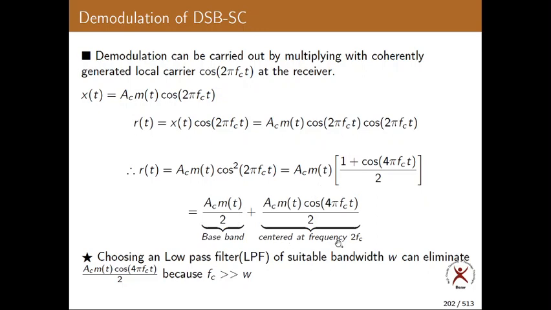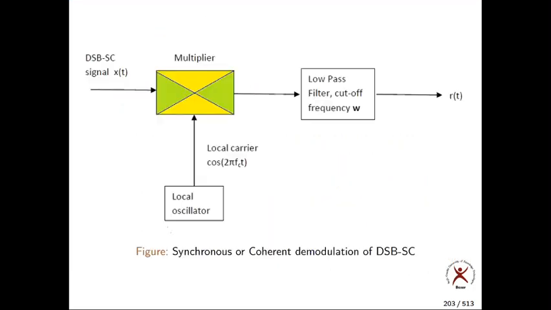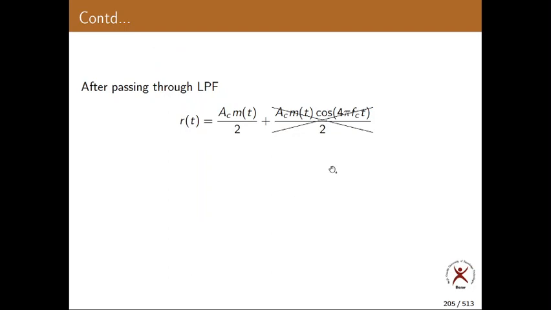Agreed or not? That is the simple working of a low pass filter. Finally, you are left with only this part: Ac by 2 into m of t. That is not a big deal, because Ac by 2 remains after the low pass filter, and the other term will be rejected by the low pass filter. So r of t, the output of the demodulator, is Ac by 2 m of t, which is proportional to m of t.